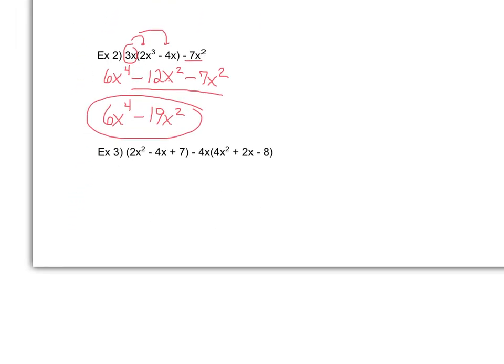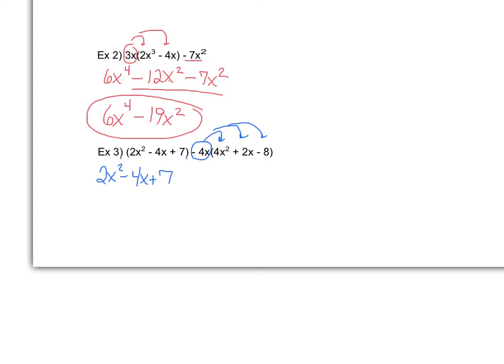Looking at the third and final example, on my first set of parentheses, I notice there is nothing to distribute in, so I'm going to go ahead and just drop the parentheses. If this were meant to be distributed in, there'd be parentheses around it to show multiplication, but there's not. So nothing to distribute from the first set. In the second set, I can distribute the minus 4x.